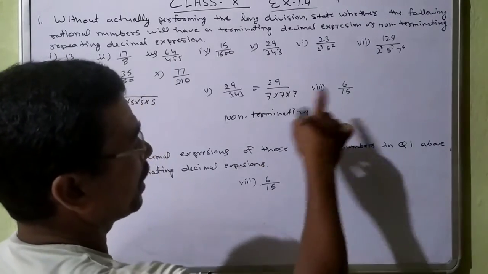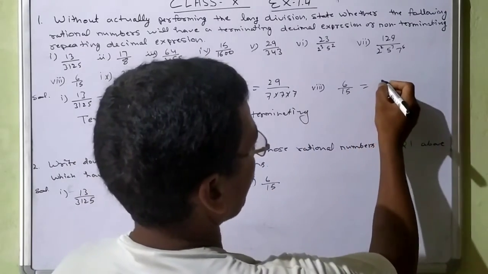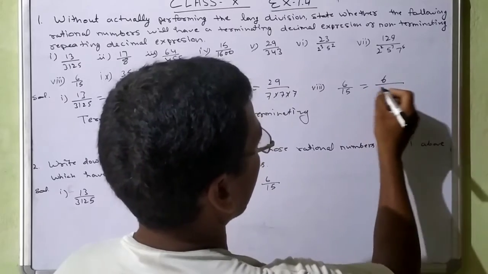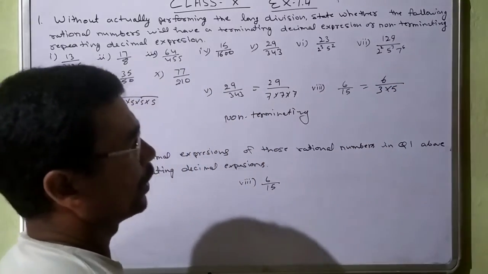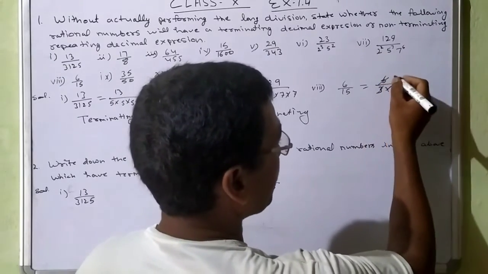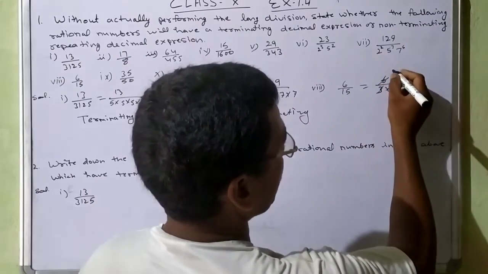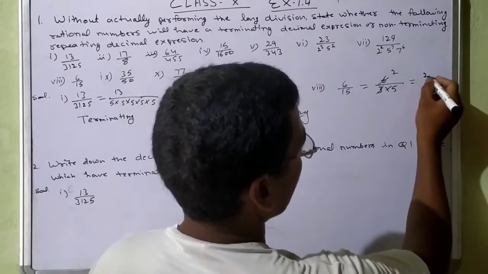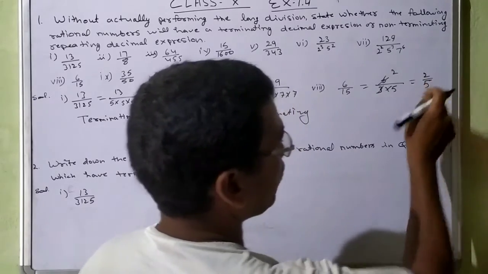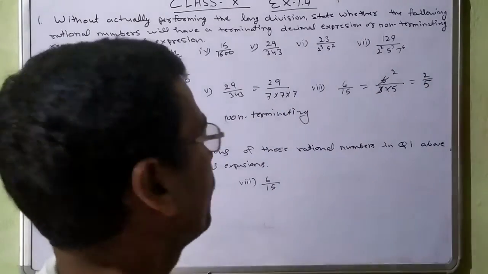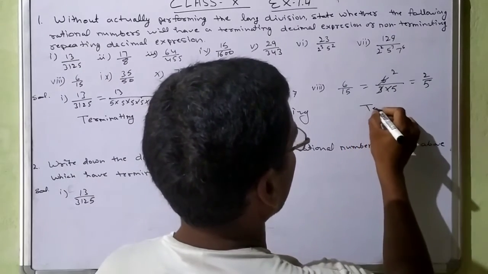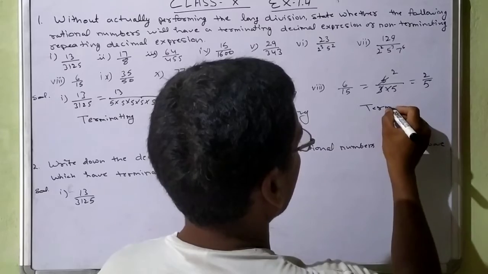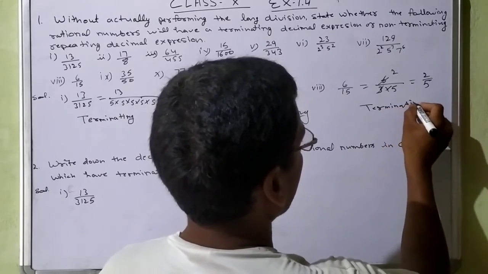Similarly here, see that 6 upon 3 into 5. The factor of 15 is equal to 3 into 5. 3 cancelled by 6, cancelled by 3, 2. So at last we are getting 2 upon 5. In the denominator you are looking only 5. So this is terminating.